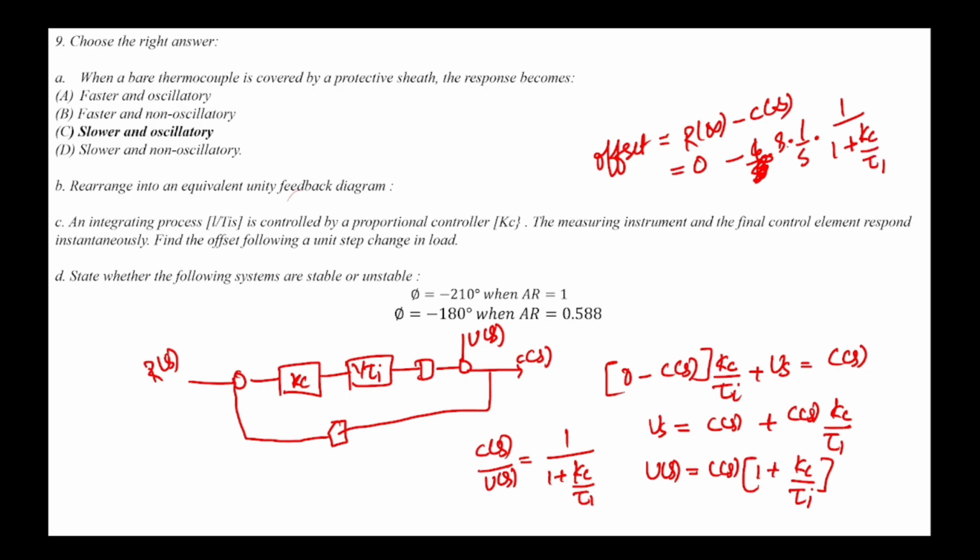We just apply the final value theorem, so s and s will cancel out. So it will give minus tau I s upon tau I s plus Kc, and as s goes to 0 the offset is equal to 0. Okay, so offset will be 0.